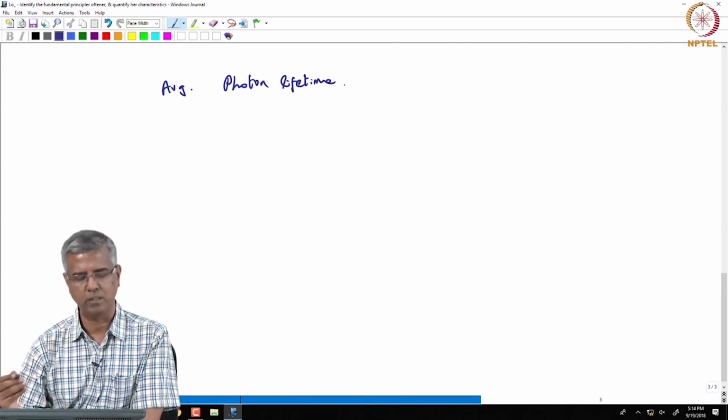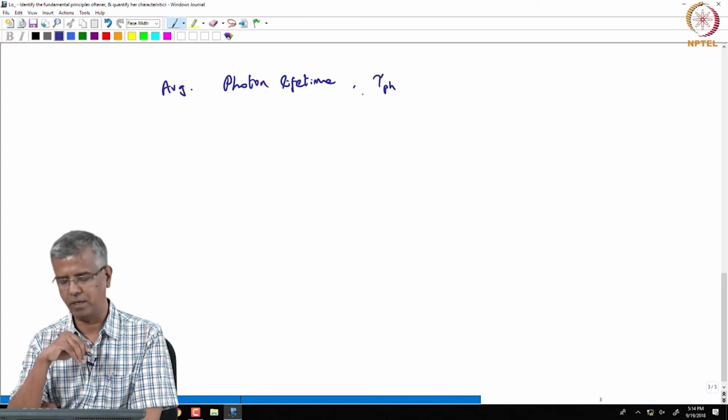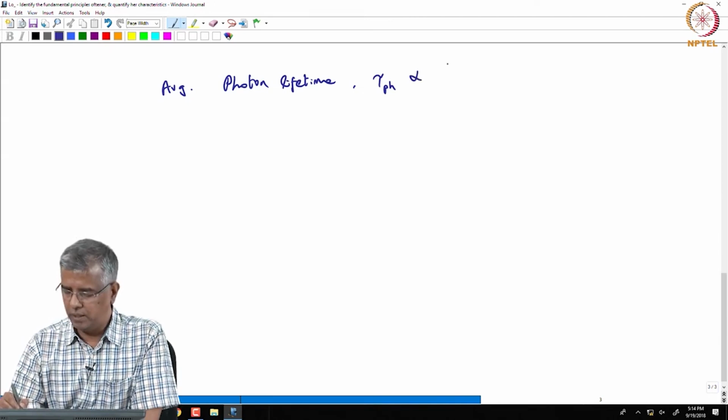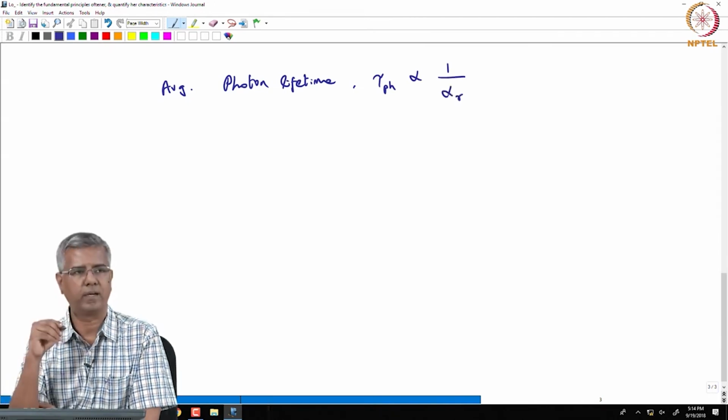You can only talk in terms of an average value. That average photon lifetime, if I call it tau photon, is going to be inversely proportional to alpha r.